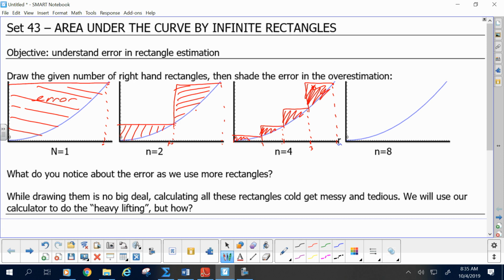Now, in terms of error here, I think you'll agree it's less, because if you compare this one to this one, this error was here, but now that's been lost. I don't have that error anymore. And this error was there in this one, but now that error is gone.